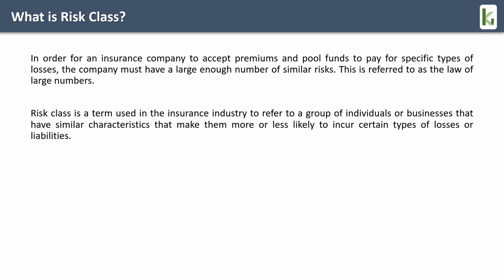So you can think of risk class as buckets. Insurance companies put risks under certain buckets in order to charge premium for that particular risk and for that particular insured that falls in that risk class.